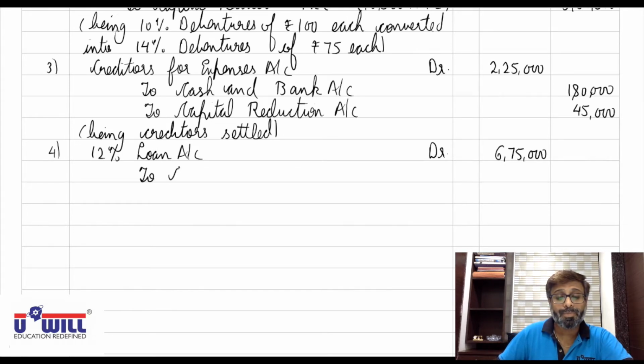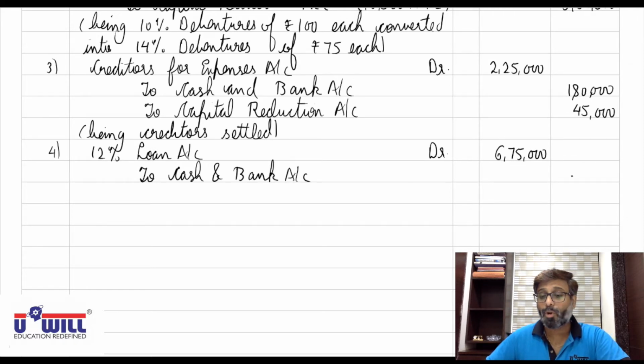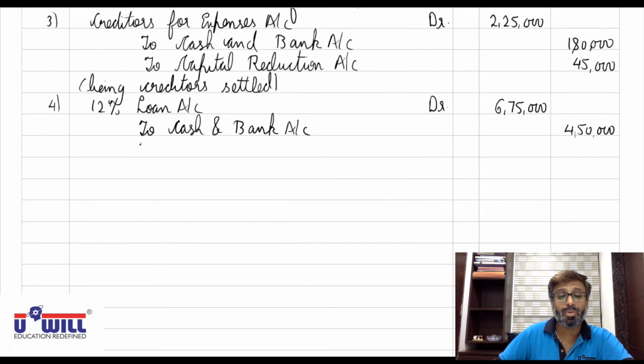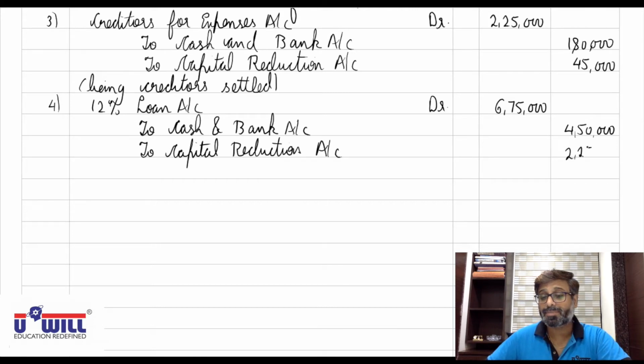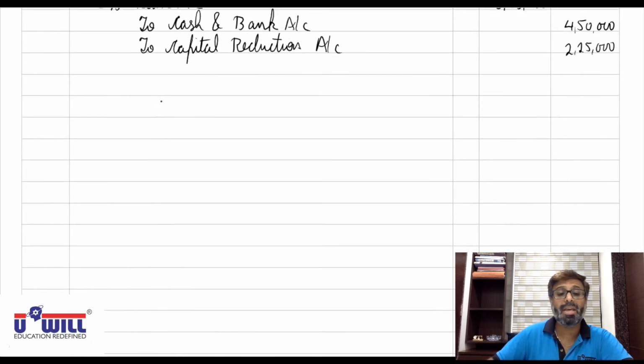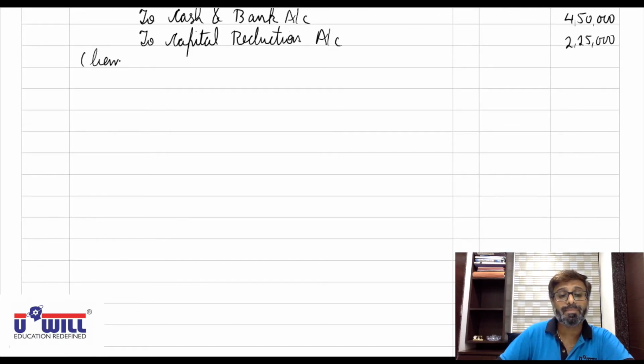To cash and bank account, what we are paying them 4,50,000, and to capital reduction account, what they are sacrificing 2,25,000, being 12% loan settled.